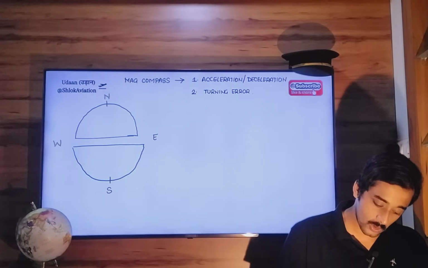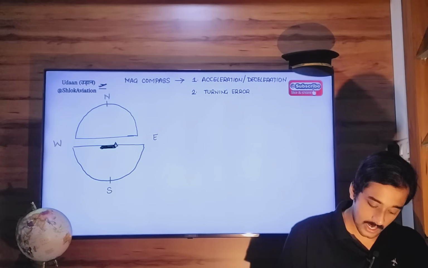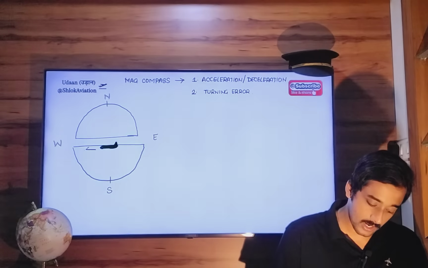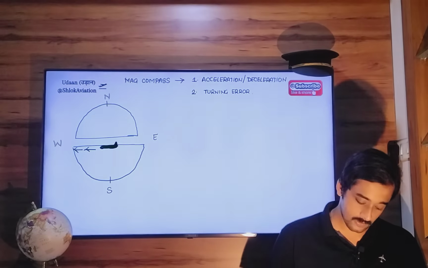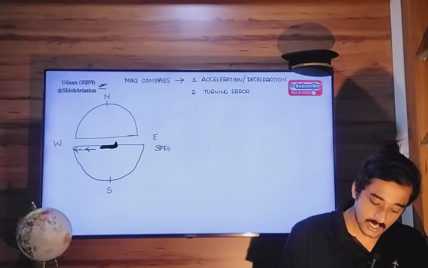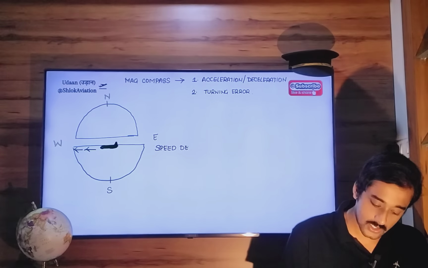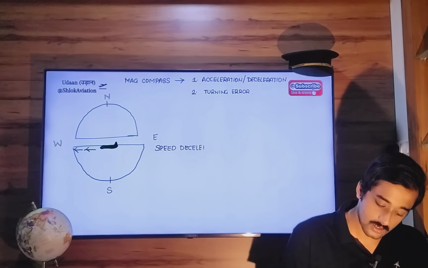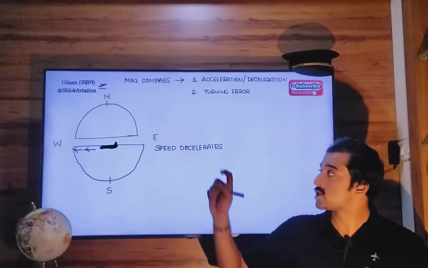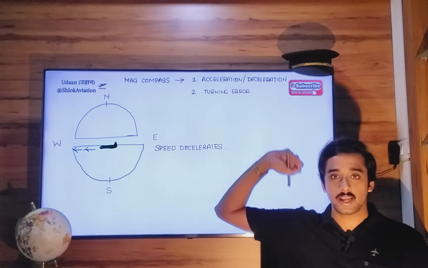That means the runway is oriented 270, so you are landing in the westerly direction like this. Now when you are landing, what happens to the forward speed of your aircraft? The speed of the aircraft continuously decelerates or reduces, right? So that's why this magnetic compass will be subject to acceleration deceleration error.